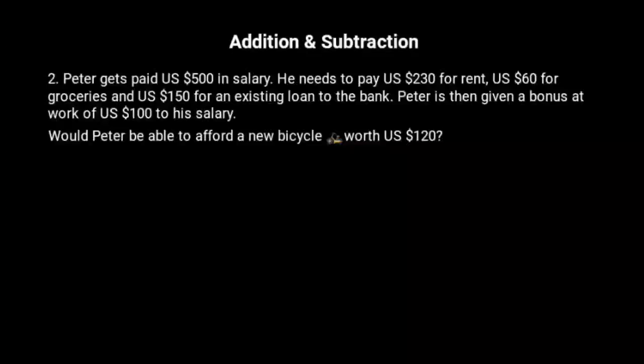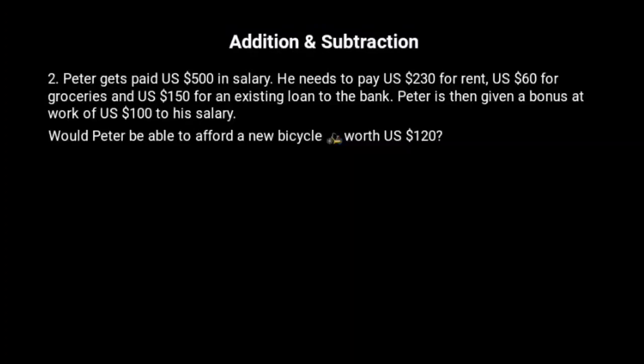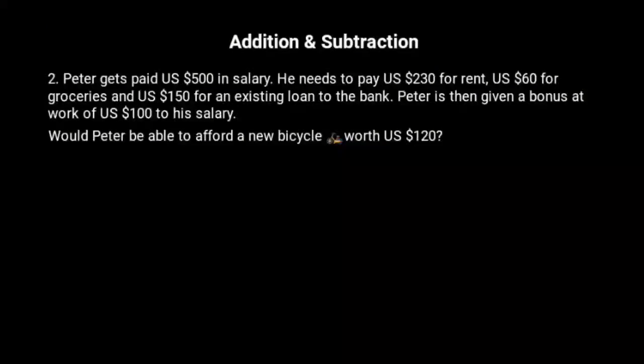So what we can either do is, firstly, using a salary, we subtract the rent, the grocery, and the loan from that, and then we add the bonus to it. Or we add the bonus to the salary and then subtract all the expenses from it. So that's two ways we can either work it. Anyways, we're going to be using the first method.